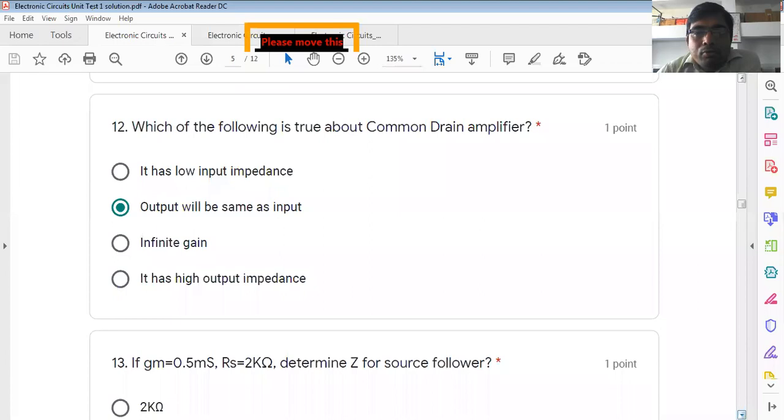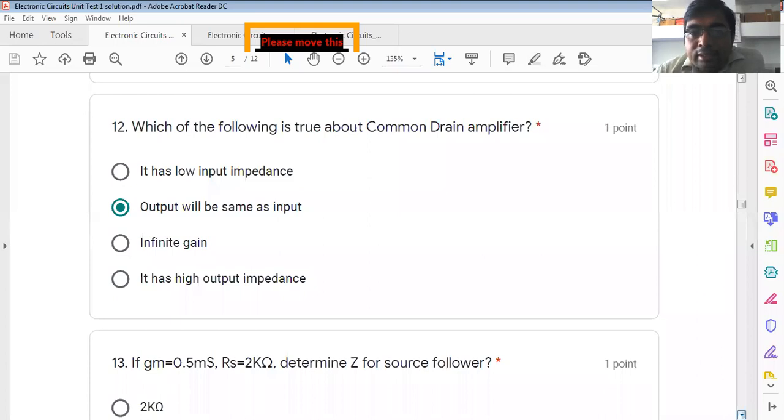Then which of the following is true about the common drain amplifier? Common drain is when we apply the input to the gate terminal and take the output from the source terminal. The common drain amplifier has some properties: the output voltage is the same as the input voltage, meaning voltage gain is either less than 1 or nearly equal to 1.